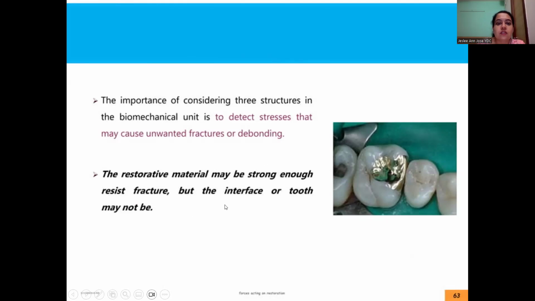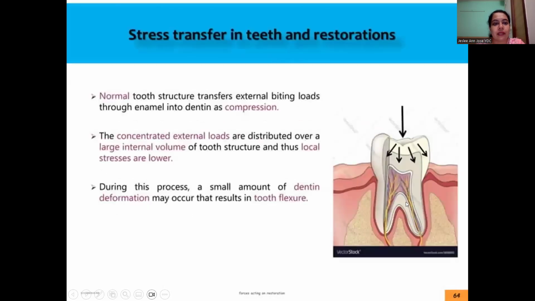Why? Because it is not bonded well, or it is not sealing the entire interface. In such cases, the biomechanics can alter. So all three factors should be taken into consideration. They interplay in order to ensure good biomechanics.